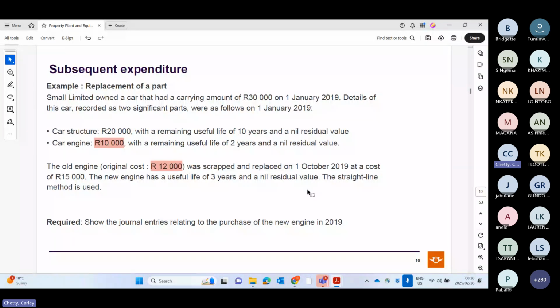So this 2,000 Rand relates to depreciation in prior years. Then remember that we still need to depreciate from 1st of January 2019 to 30 September 2019.